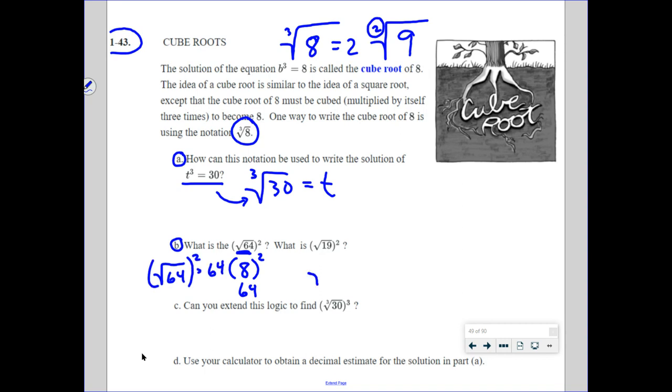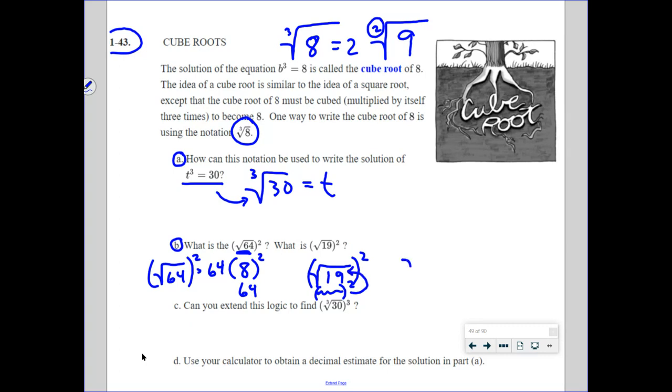How about the square root of 19 squared? Well, what's the square root of 19? I don't know. I have no idea what the square root of 19 is. Some weird, ugly decimal, which you could look up in the calculator, but we're not going to because we don't need to. Because if we take the square root of 19, whatever that number be, and then we square it, we're going to end up with 19.